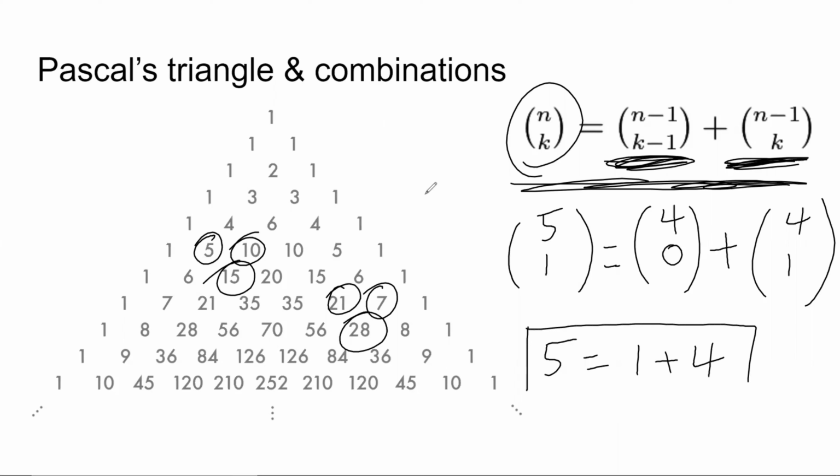And this equation right here, 5 equals 1 plus 4, is obviously true. But if we look in Pascal's triangle, we see 1 plus 4 is 5. So there's an example right there. And basically for any integer n we plug in and any integer k that's less than that, we can always find something in this triangle.